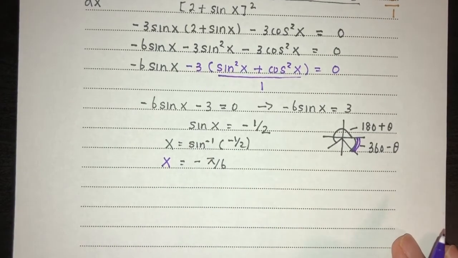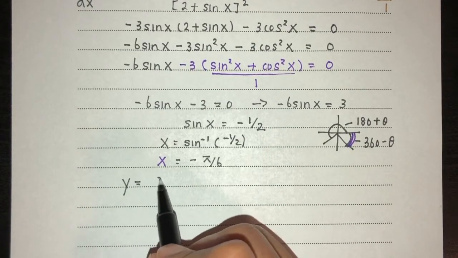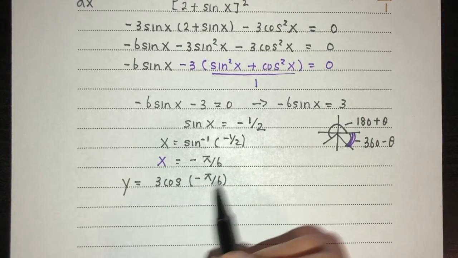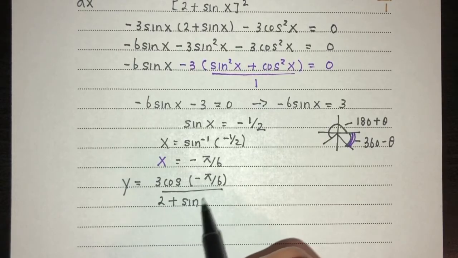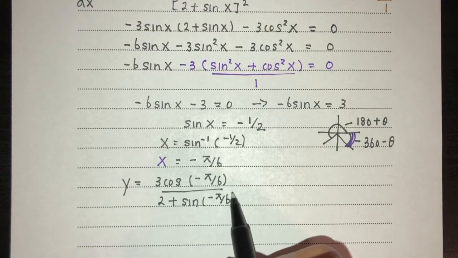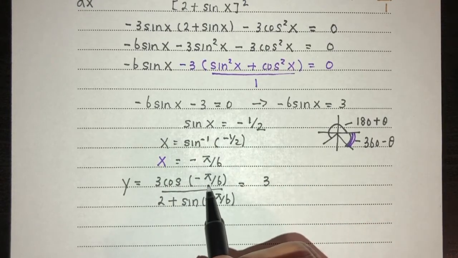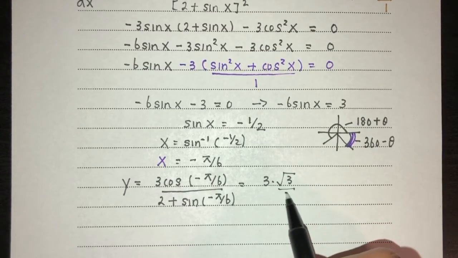So now we have to find the y because we want to find the point, right? So we know that y is given by the equation 3 cos of x, which is this, divided by 2 plus sine of x, which is this value. Now if you simplify, what is cos of minus 30? It is basically root 3 divided by 2.